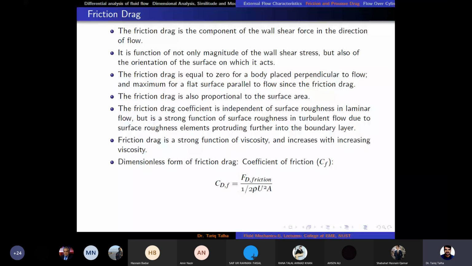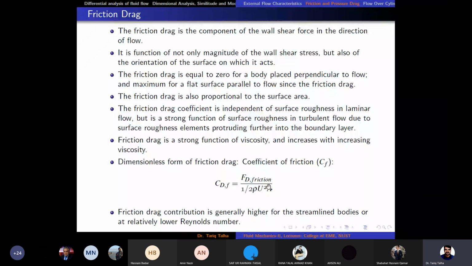So mu is the viscosity. So as I was saying, friction drag is directly proportional to area, you can always see that the area is in the denominator and it would be multiplied here. So the force due to that frictional effect would be directly proportional to surface area, right?